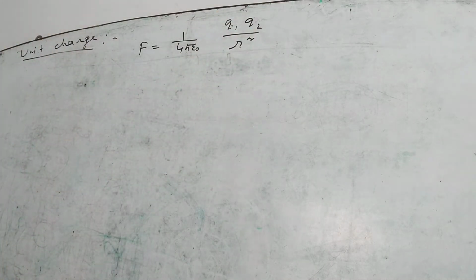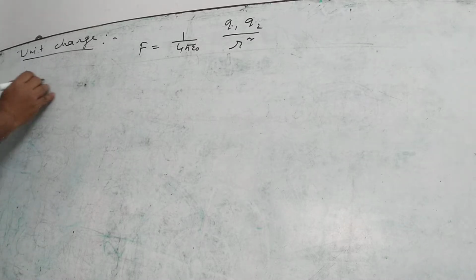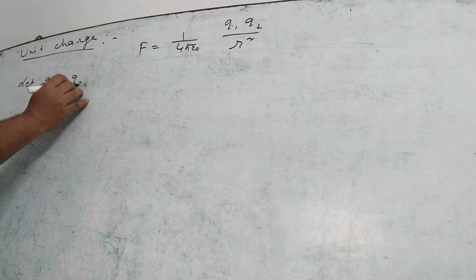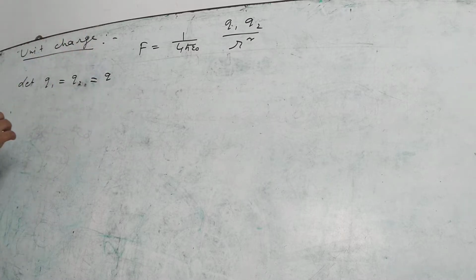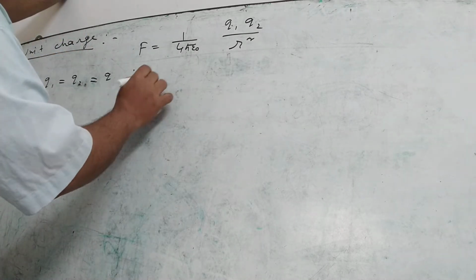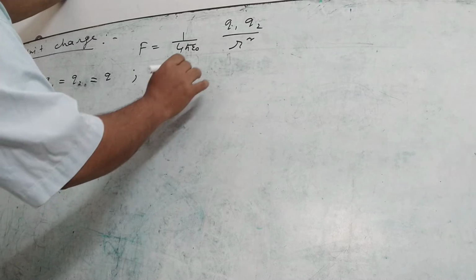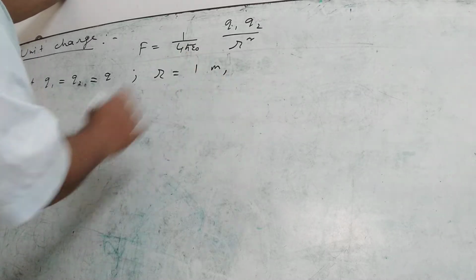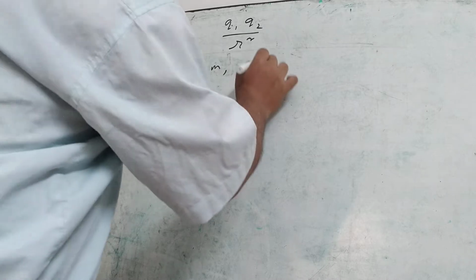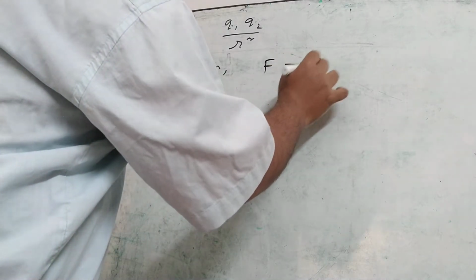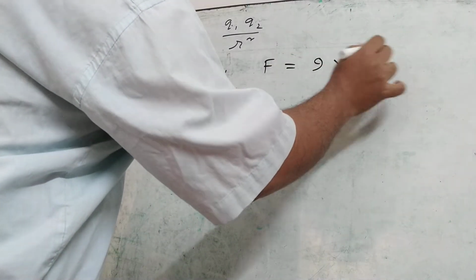Now let Q1 is equal to Q2 is equal to Q, r is equal to 1 meter, F is equal to 9 into 10 to the power 9 Newton.